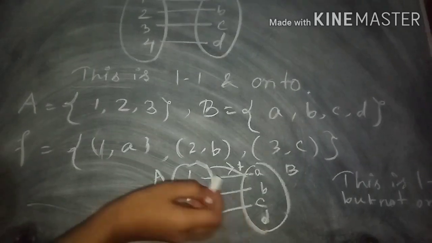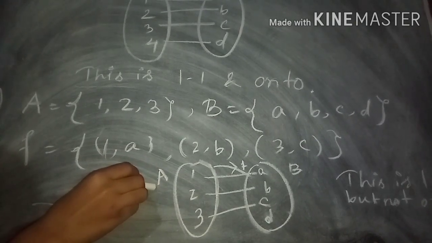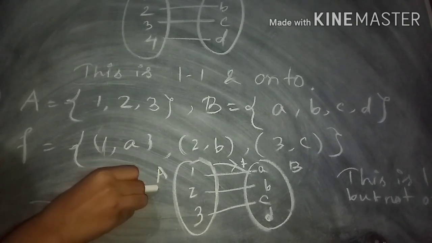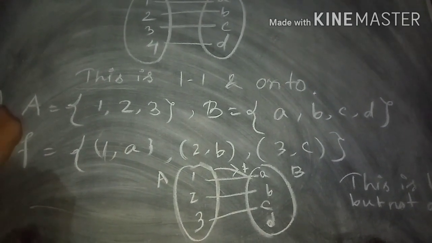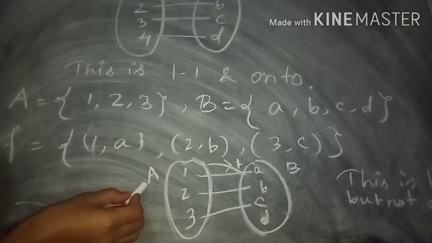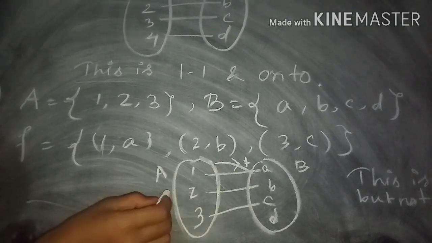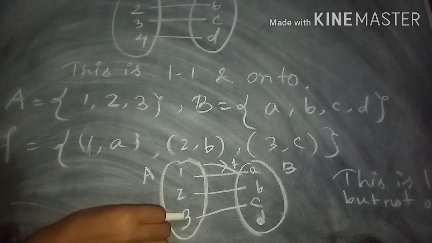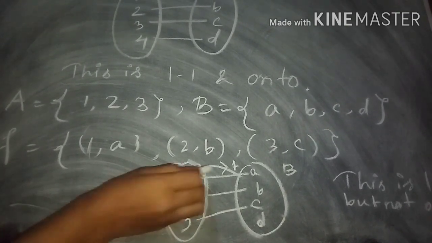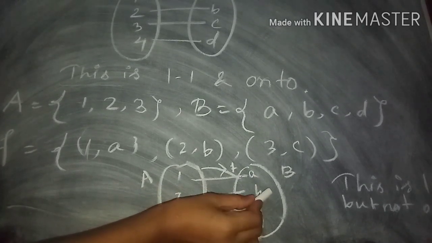Now, all the elements of A have distinct images in set B. Therefore, this function is 1-1. What I say is, all the elements of this set have distinct images in the second set.